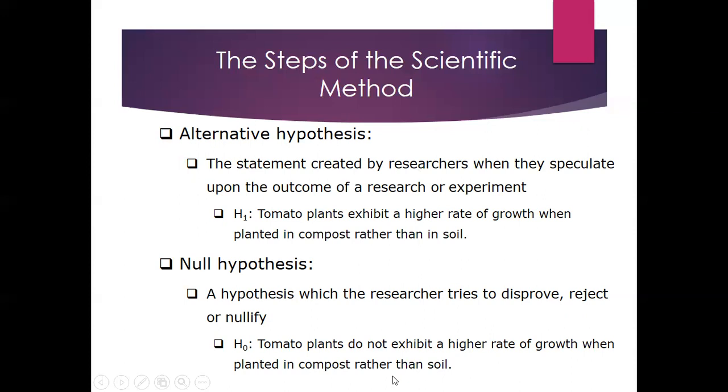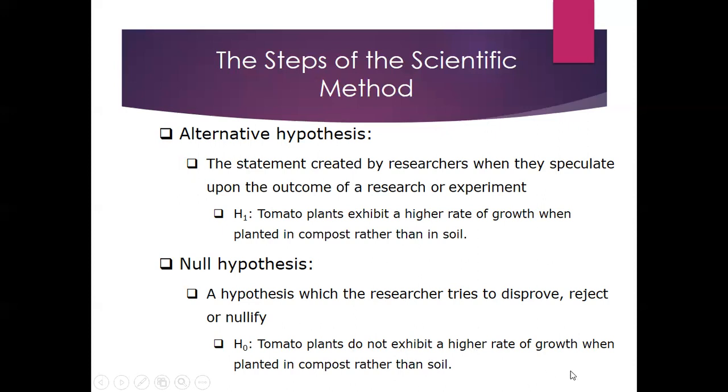With the null, you will notice it's the reverse of the alternative. Tomato plants do not exhibit a higher rate of growth when planted in compost rather than soil. So again, the if part of the statement, when it's planted in compost rather than soil, and the then part, they do not exhibit a higher rate.